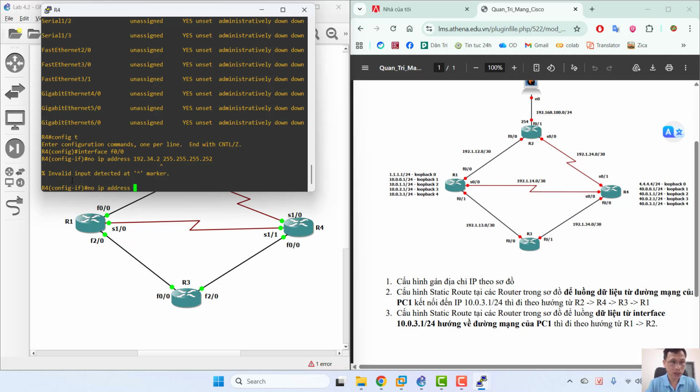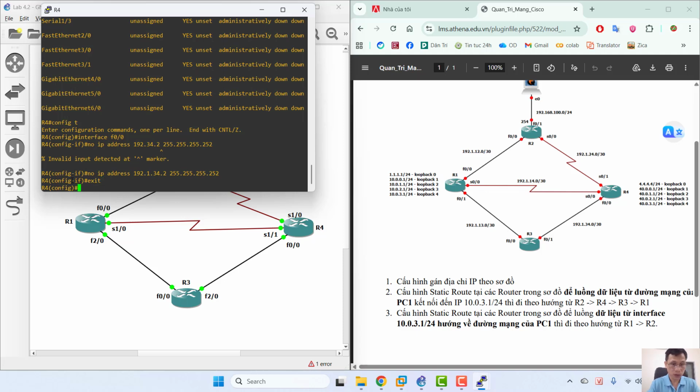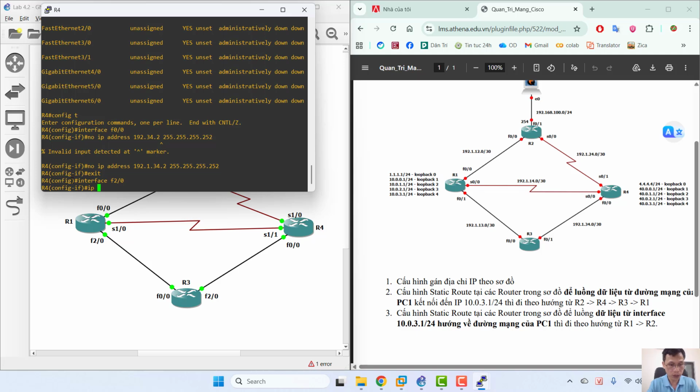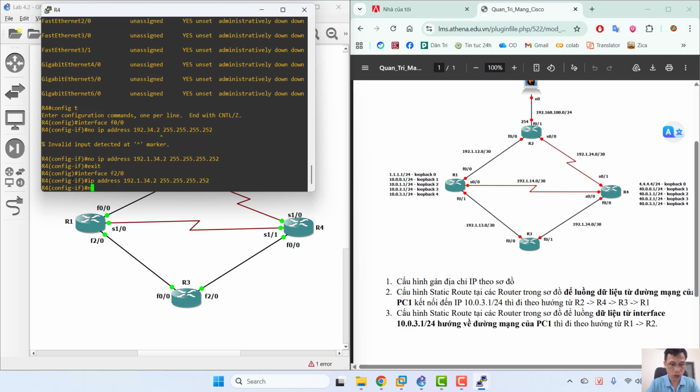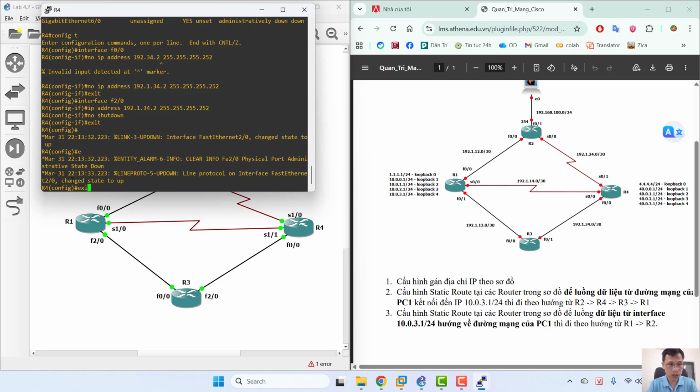No IP address. 1.2.1.34.2, 255.255.255.252, enter. Interface 0/0, IP address 1.2.1.34.2, 255.255.255.252, enter, no shutdown, enter.